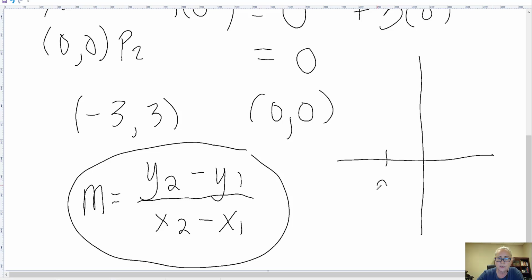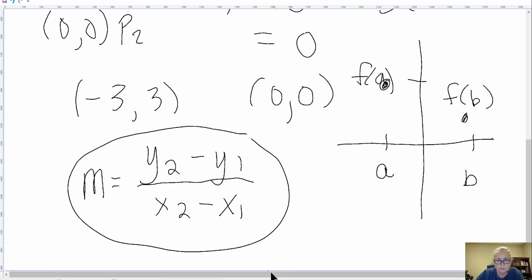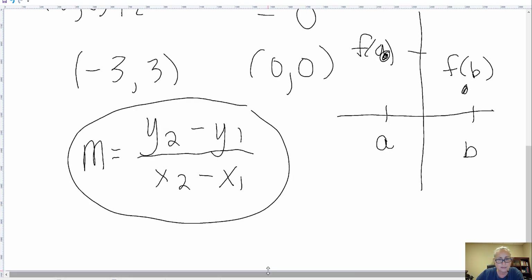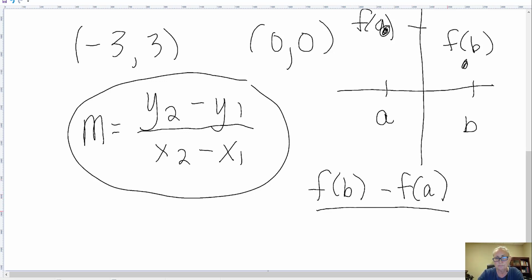So if we have a point A, f of A, that's my first x and my first y, and the point B, f of B, that's my second x and my second y. So we write our slope formula in a slightly different notation, but it's exactly the same. It means the same thing. We write it f of b minus f of a over b minus a.